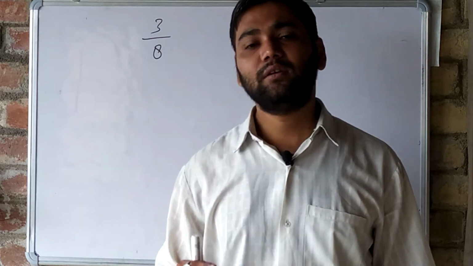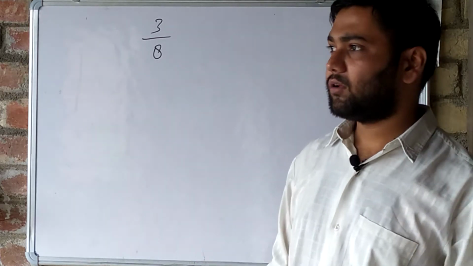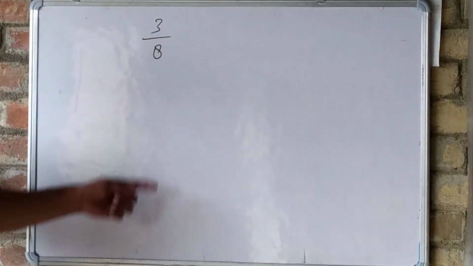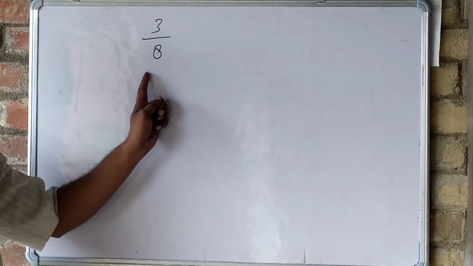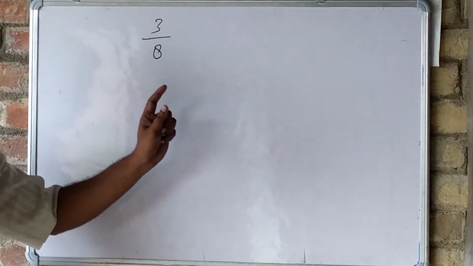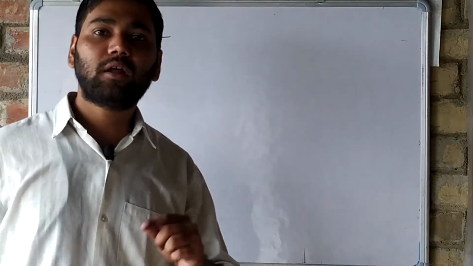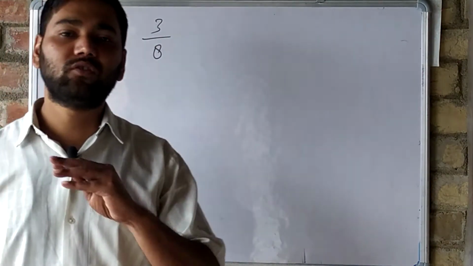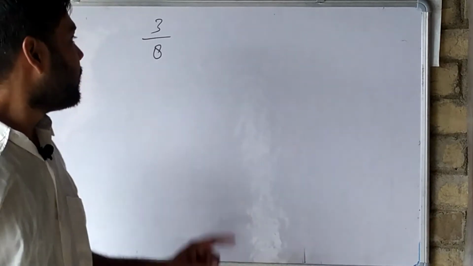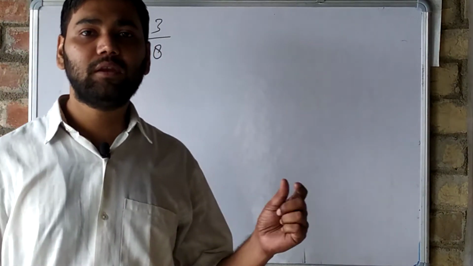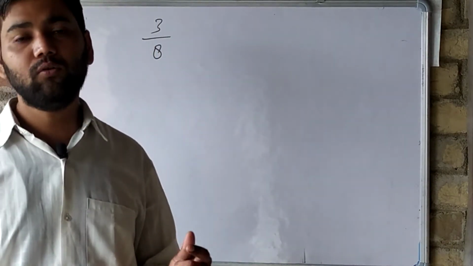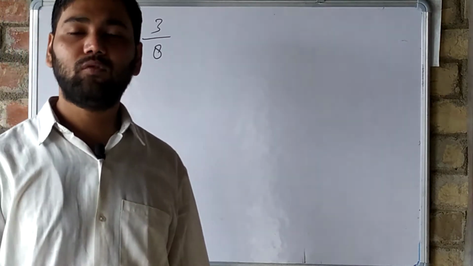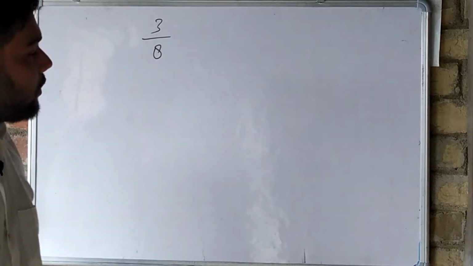We can change the value directly. See here, what we have to do in this fraction is make the denominator a power of 10. If we can convert the value to a denominator of 10, we do not have to divide.